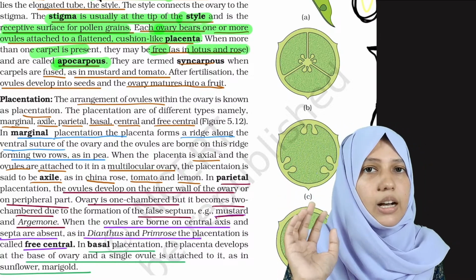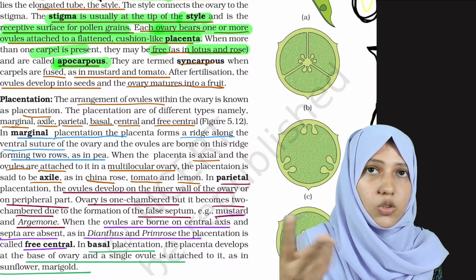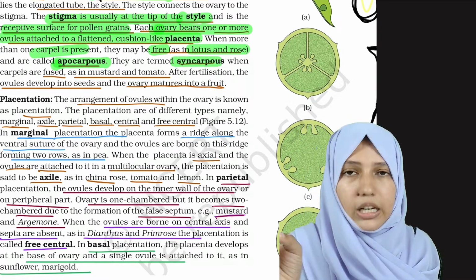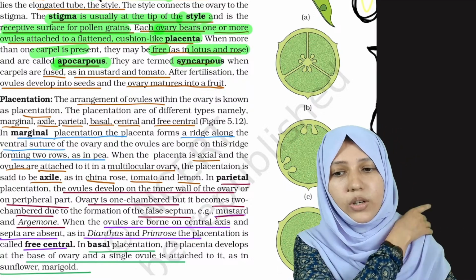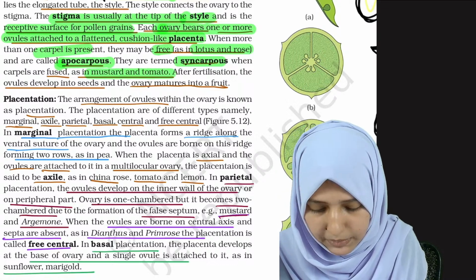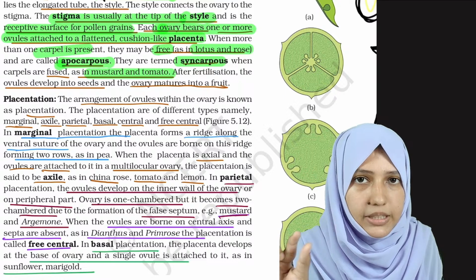Lotus and rose are examples. Or else we can say the carpels are not united. If they are united, they are known as syncarpous. Syn means united. This can be seen in mustard and tomato, where the carpels are fused.